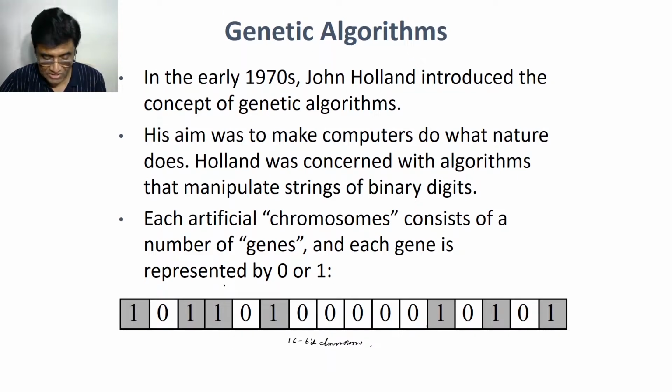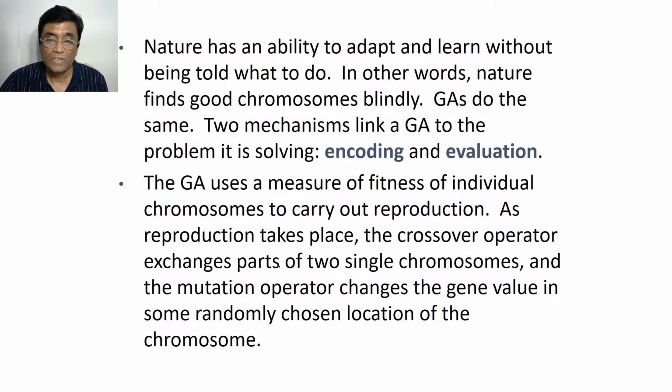They are called genes. Our objective is that nature has the ability to adapt, and GA will also have the same ability to adapt, and through encoding and proper evaluation we can reach the solution.